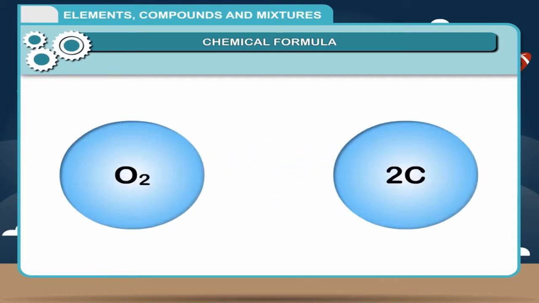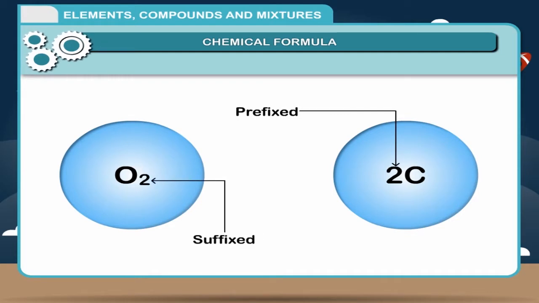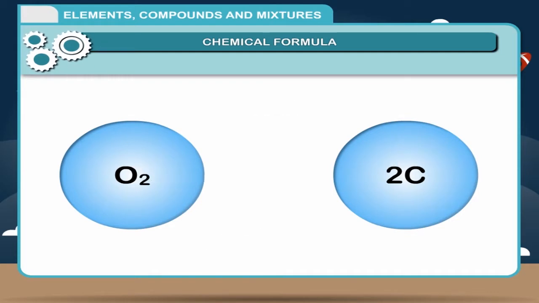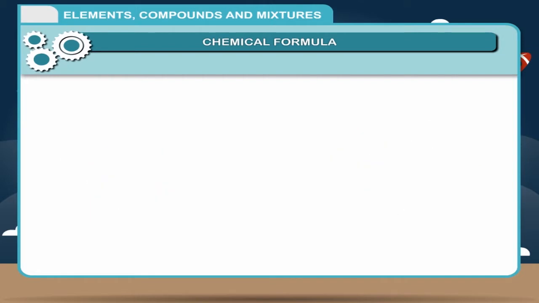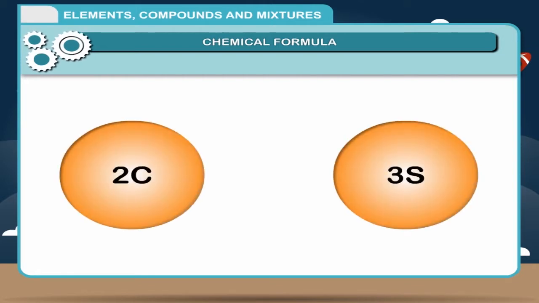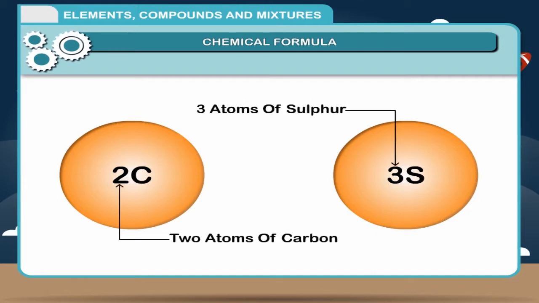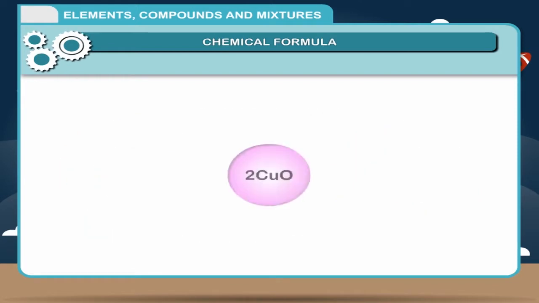The symbols in a formula can be prefixed or suffixed by a numeral. When the numeral is written on the left-hand side before the formula, it represents the number of molecules of the compound or the number of atoms present in each molecule of an element. 1. When we write 2C or 3S, it means 2 atoms of carbon and 3 atoms of sulfur respectively. 2.